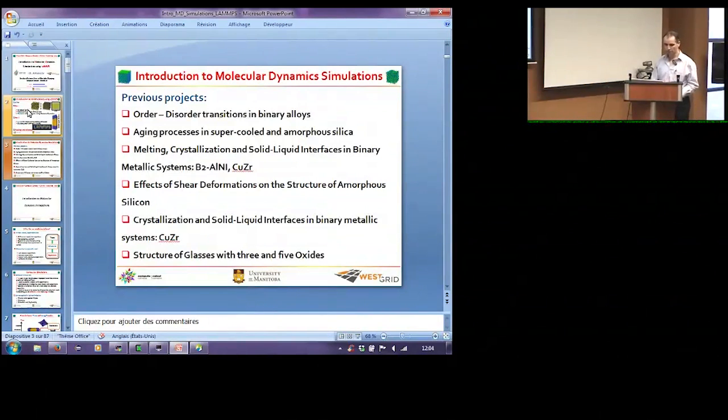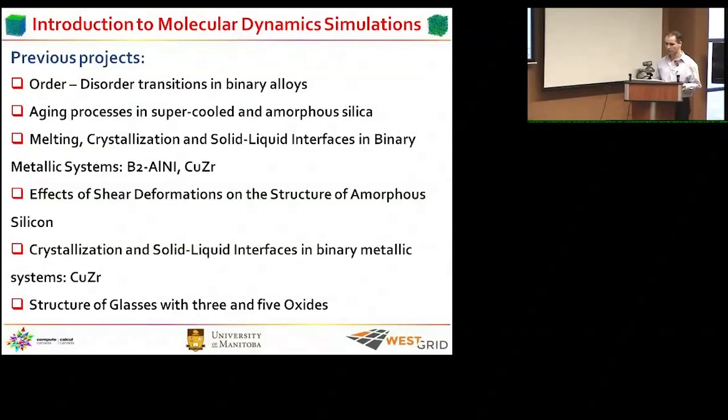So just a word about my previous project. Before joining Westgrid, I performed some molecular simulation. One of my projects was to develop a Monte Carlo code to study order-disorder transition in binary alloys. Basically, we developed a code with Metropolis algorithm, which is based on the atom vacancy exchange.